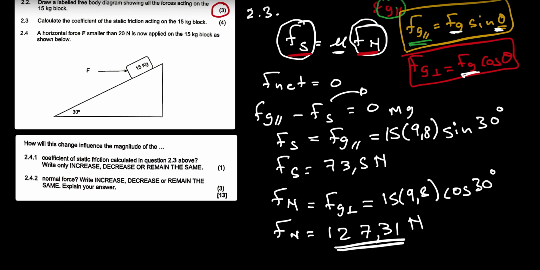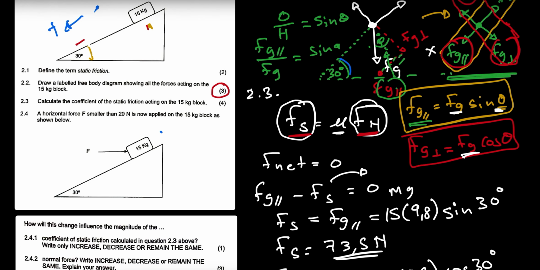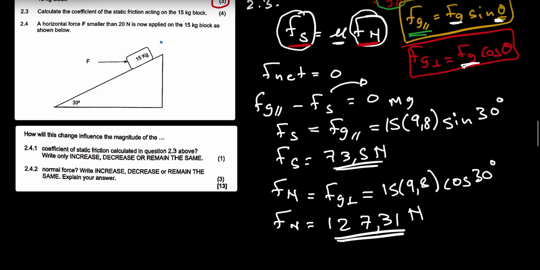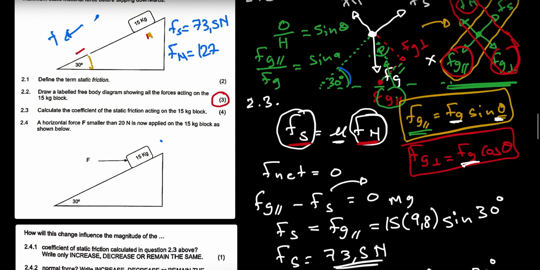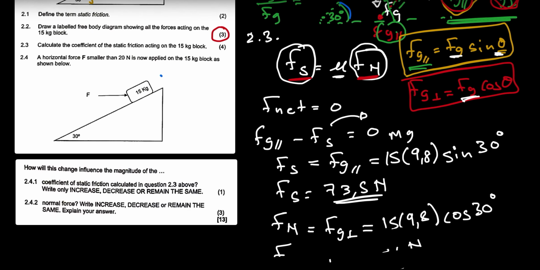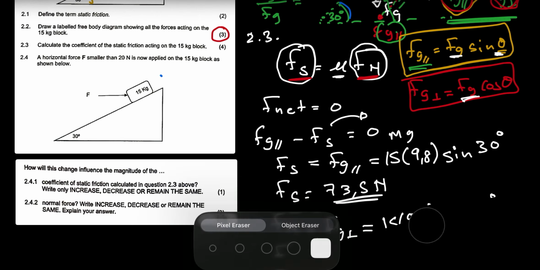So if we now have the normal force and the static friction, we should be able to get the coefficient of friction. I'm going to write the answers here: my static friction is equal to 73.5 newtons, and my normal force is equal to 127.31 newtons, so that I can create a space and we do the calculations properly.